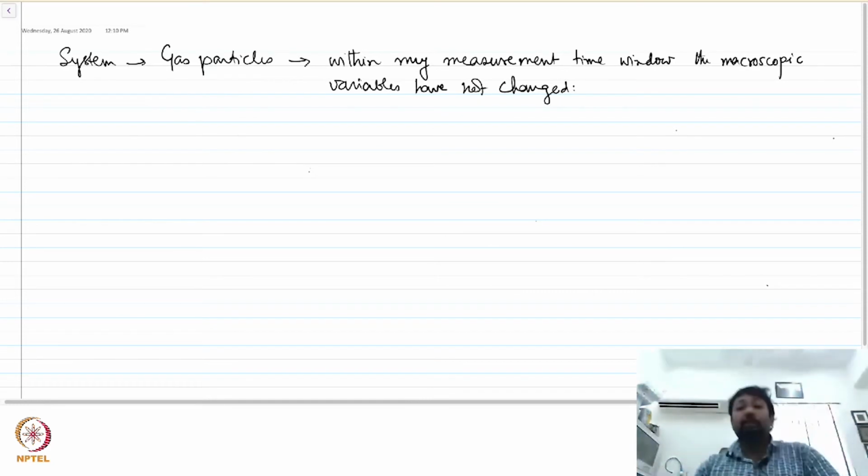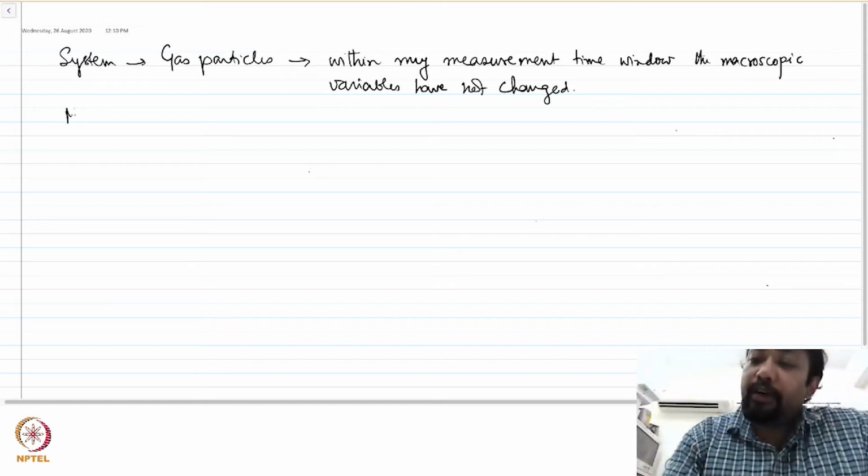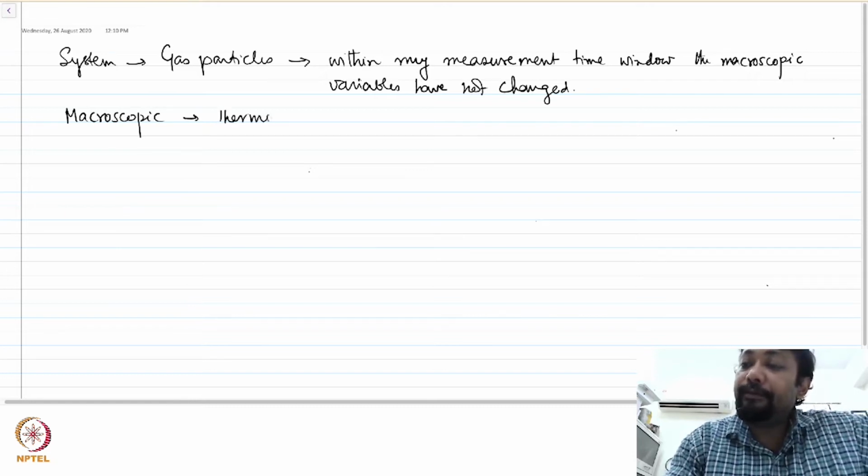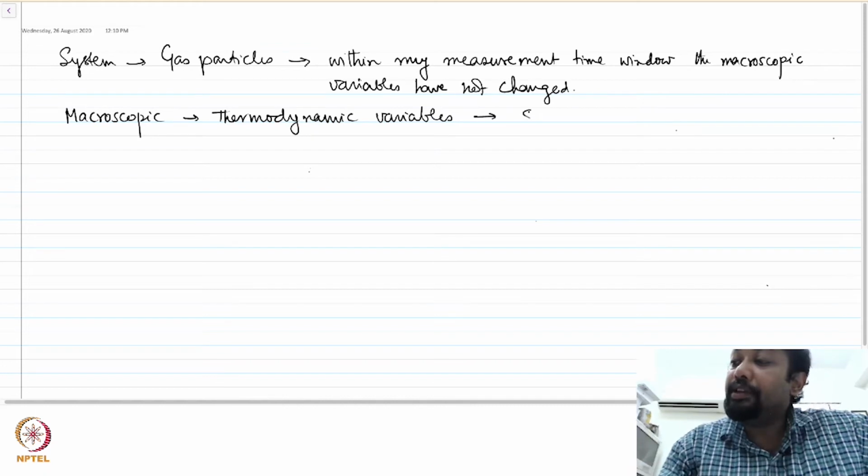So when I look at a system microscopically, for a system with a macroscopic picture, the thermodynamic variables in the macroscopic picture describe the state of the system. This is very important. It describes the state of the system.